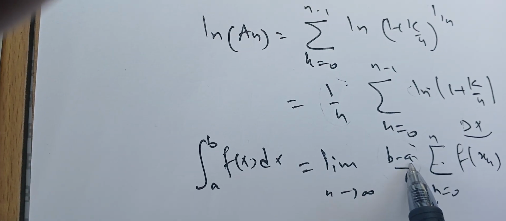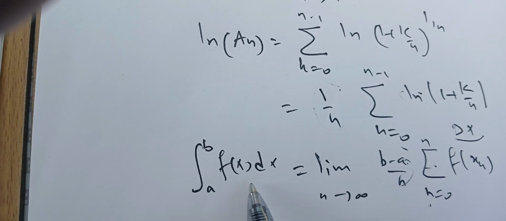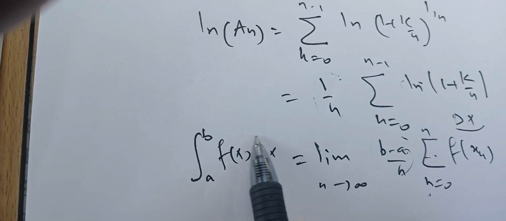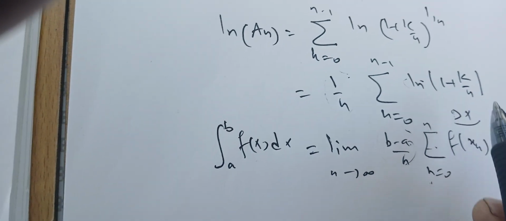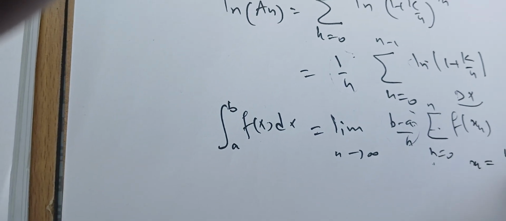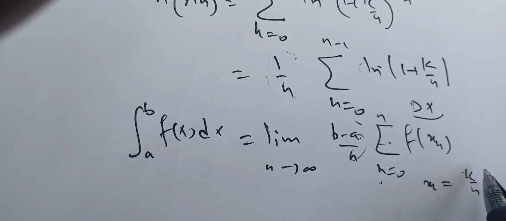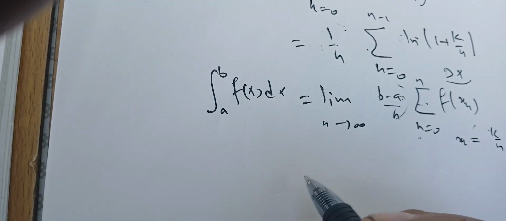So if we think of b as 1 and a as 0, we can think of the x_k's as k/n.